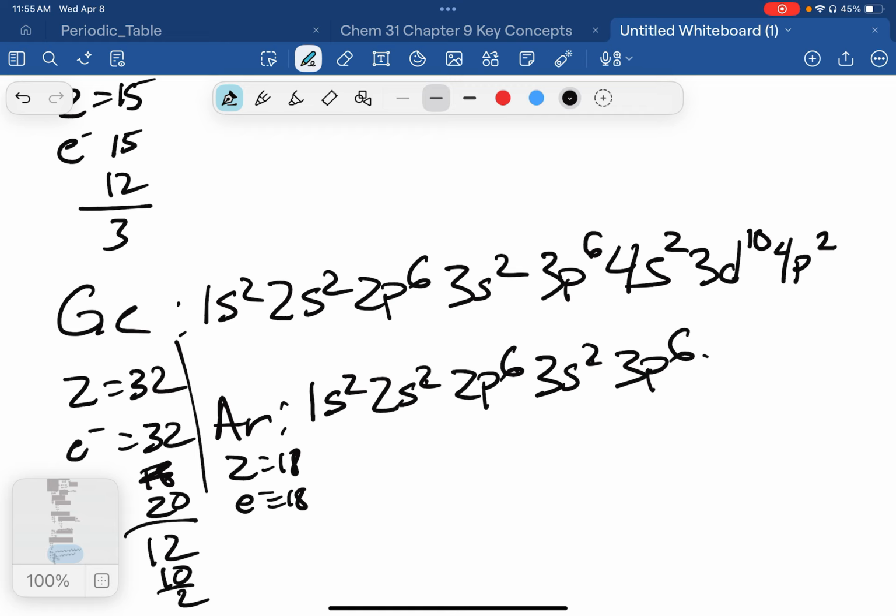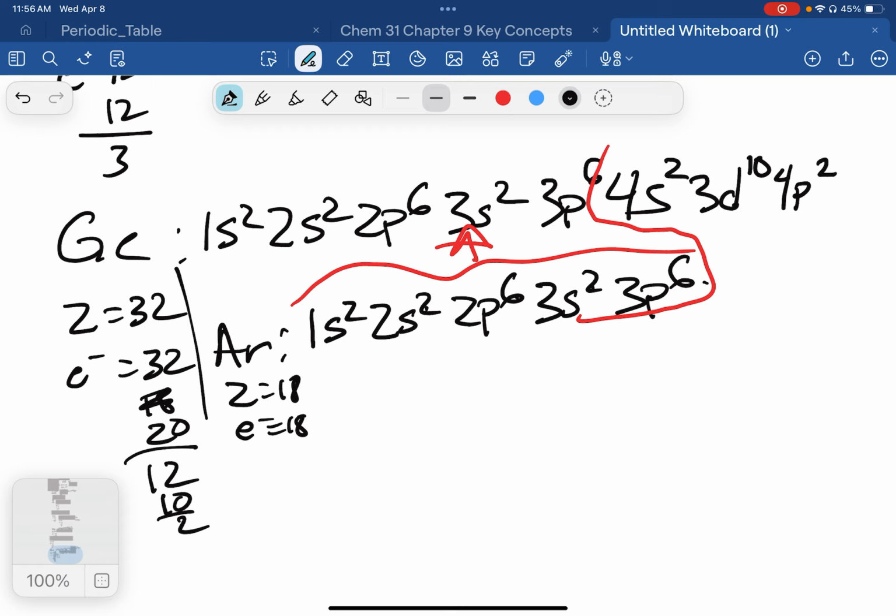But here's the thing, if you were to take a look at the noble gas configuration of argon and compare it to the configuration of germanium, you notice this right here matches this right here. So what you can do is write the configuration of germanium by putting the noble gas symbol in square brackets.